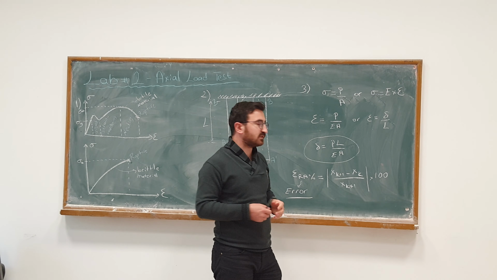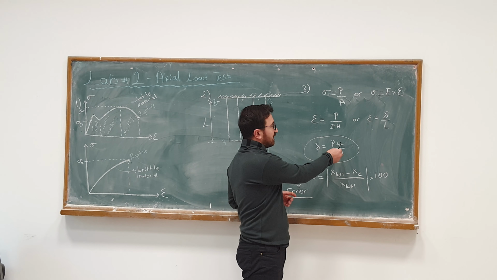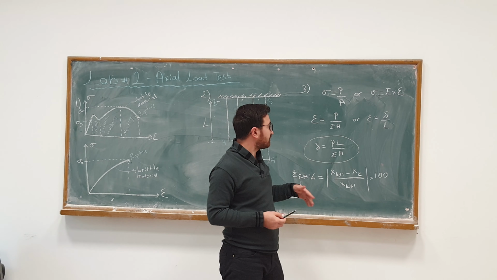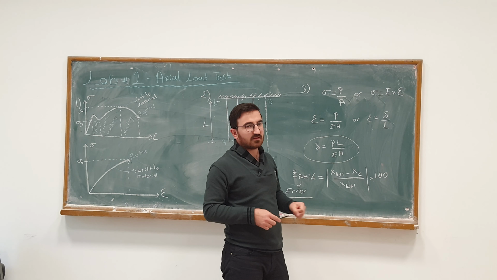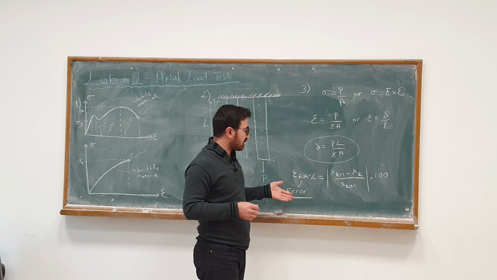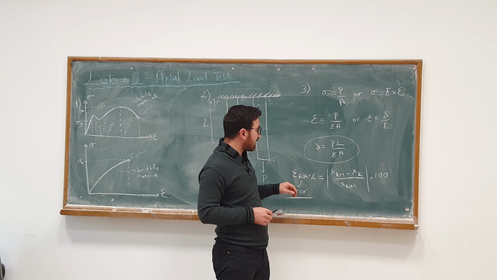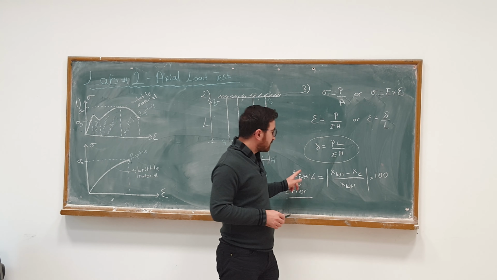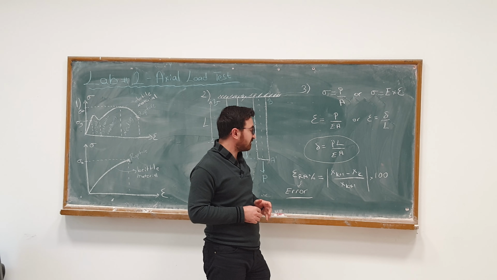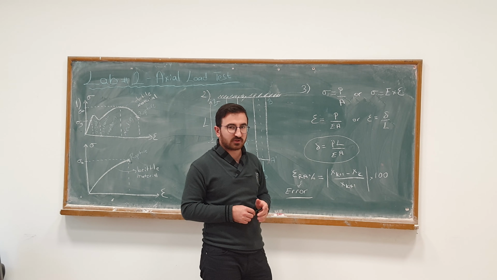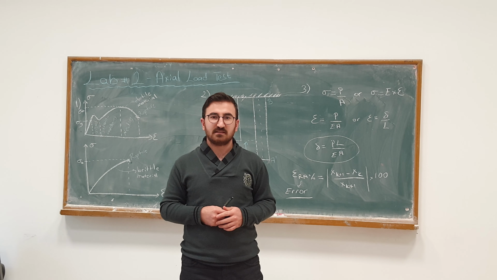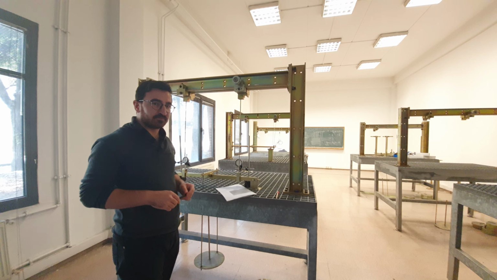If we know the load, length, area and deformation, we can find the modulus of elasticity for the given material, and using the mean error or absolute error formula, we can find the relative absolute error. Okay?